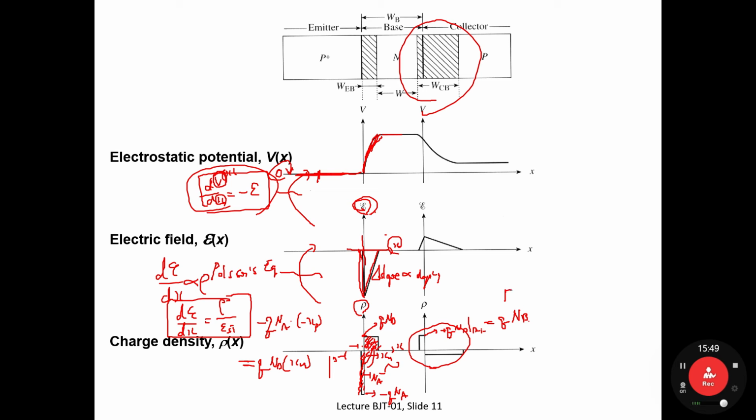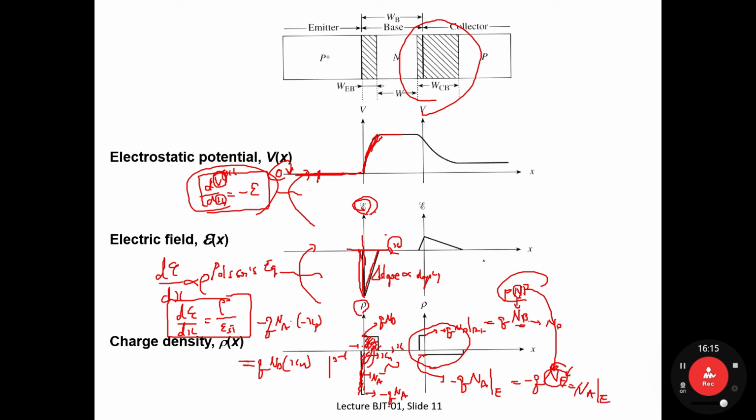Since we are talking about the PNP BJT, definitely N sub B indicates the donor concentration in the N side. And this part corresponds to minus Q times N sub A, but instead of this, minus Q times N sub E, because this is the emitter doping concentration. Since we're talking about PNP, definitely this N sub E is N sub A in the emitter.